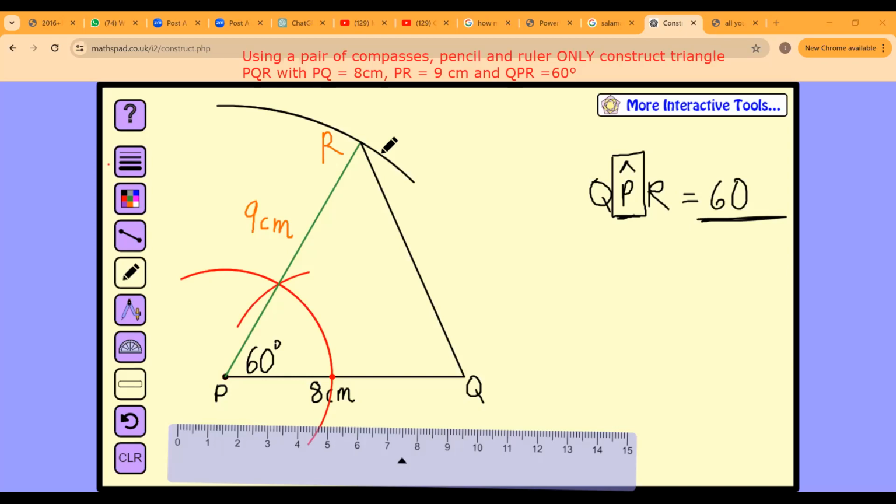Q, P, or R? P, very good. And so we constructed the 60-degree angle by drawing a red line, drawing an arc, coming at this particular one and drawing another arc. And then we drew the line there. And then we connected the last point to make the triangle, right?